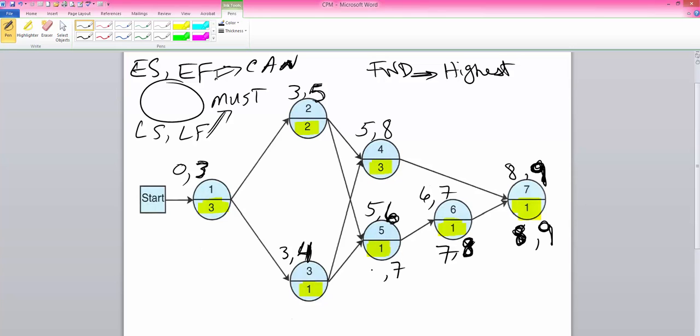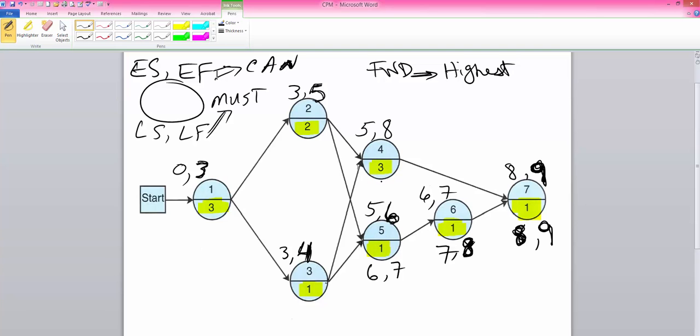I'll write it over here, minus 1, we get 6. Now look, for activity 3, there are 2 successor activities, 4 and 5. Because activity 3 must accommodate both of them, at the latest, it must be finished in such a way so that activity 4 and 5 are not delayed.